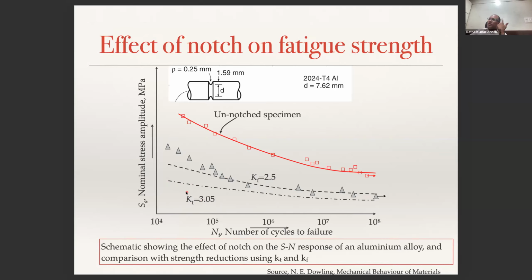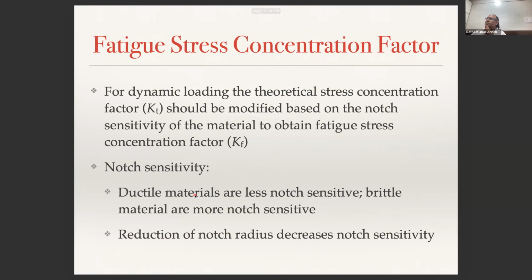Fatigue is supposed to be more severe, but that is the experimental data.